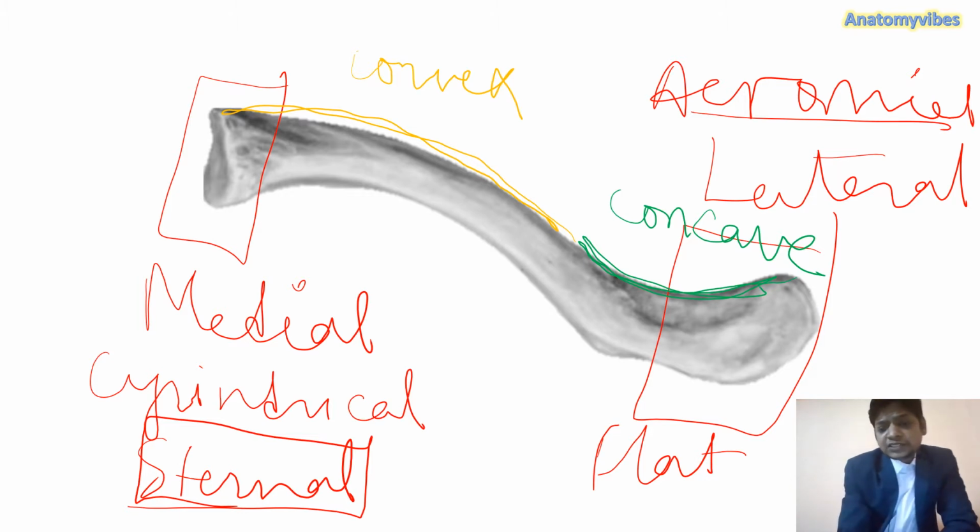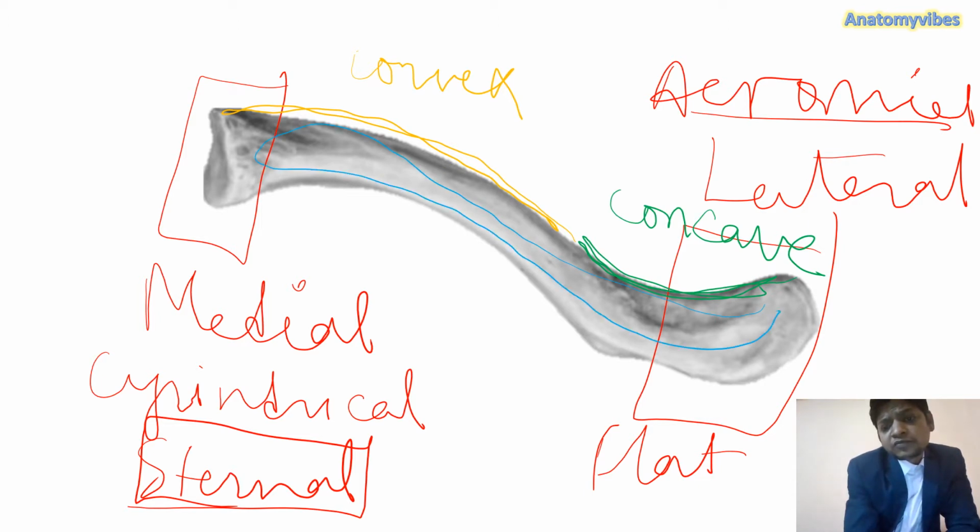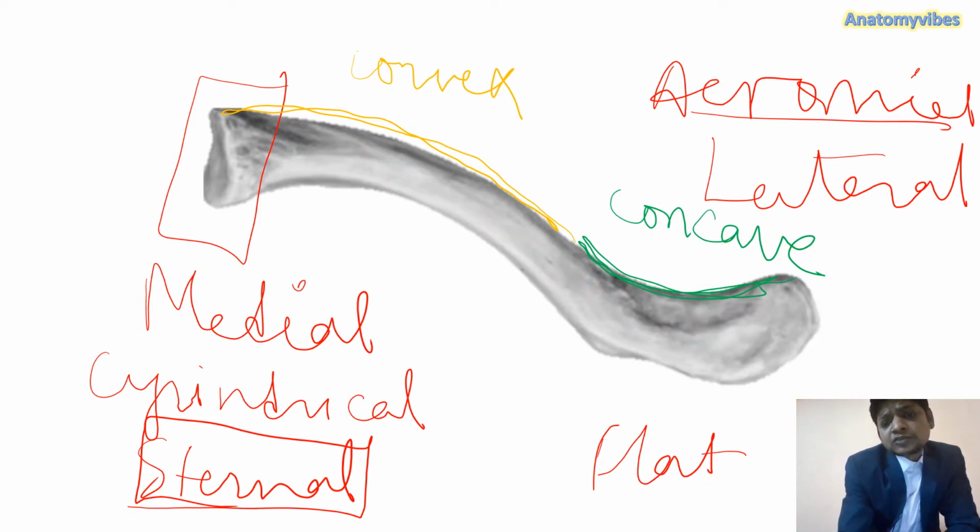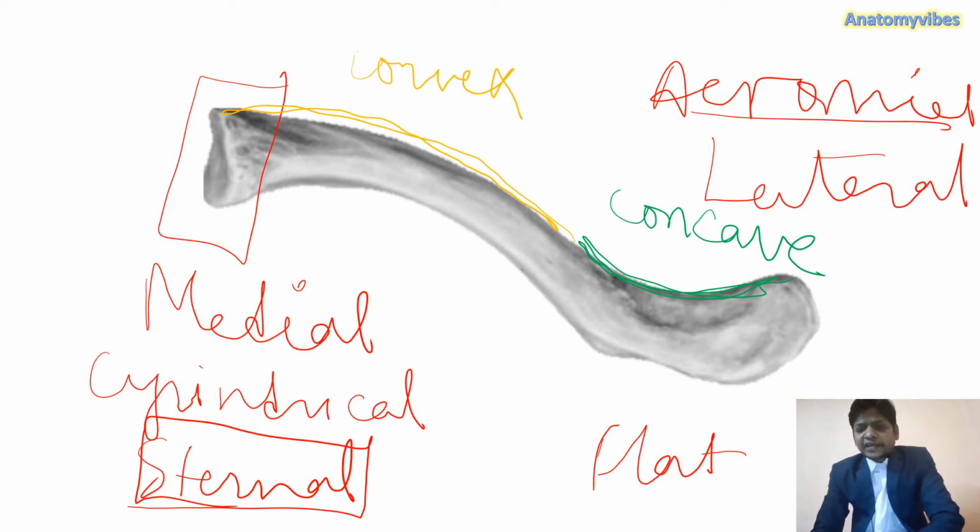Now you can see the superior aspect is almost flat without any groove or sulcus or tubercle. So this is almost flattened. What about the inferior aspect? We will see in the next picture.